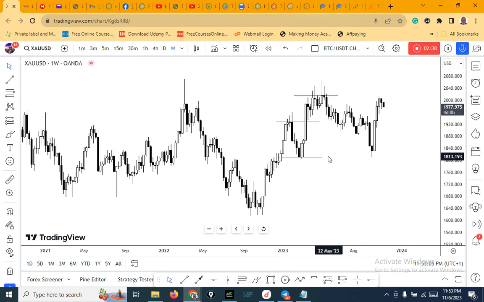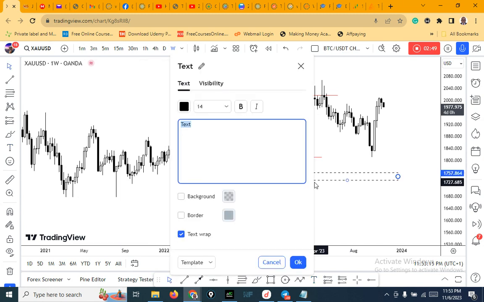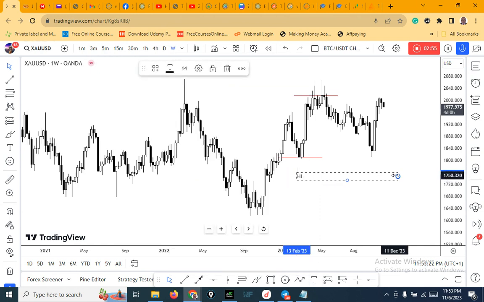This market is in an uptrend because, let me take away this, what we have here, I want to teach you guys how to analyze market structure properly. So what we have here is our higher low. Here is our higher low. This is our higher low here. So let's duplicate this.